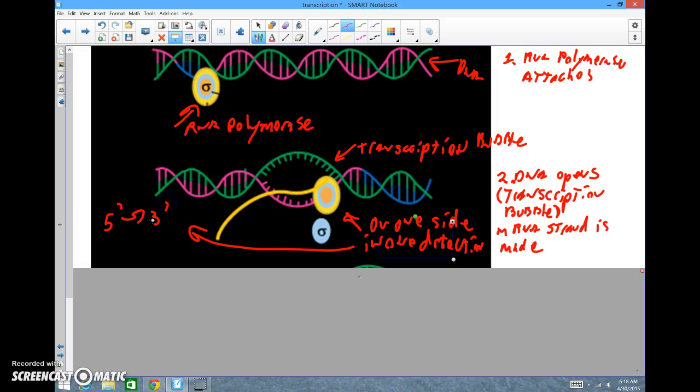5' to 3'. So just like DNA replication has to happen in a certain direction, and we talked about how you have to sort of fake it on the lagging strand, transcription also only happens in one direction. And what you can see right here, this yellow strand, this is our complementary mRNA strand.